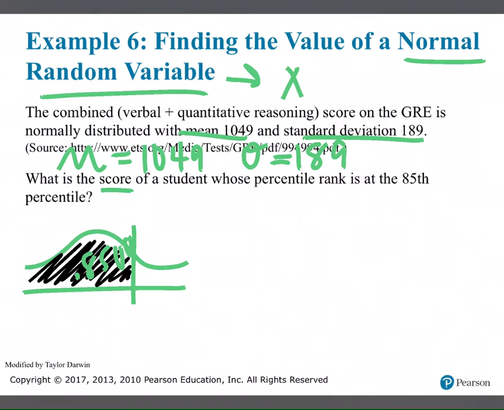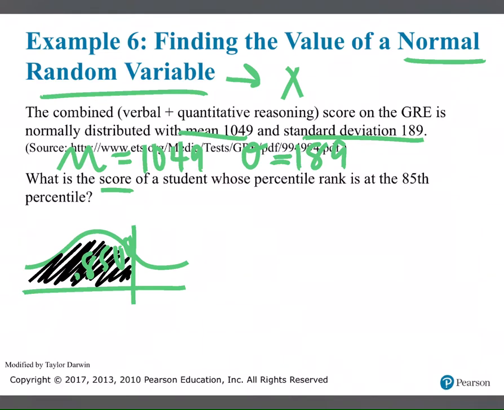And you want to find the z-score that goes with this area. So you need to look at all those 4-digit decimals and see which ones give you a z-score that corresponds with an area very, very close to 0.85.